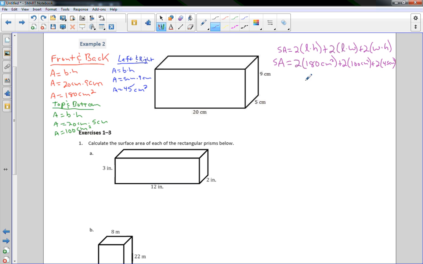So 2 times 180 is 360 centimeters squared, plus 2 times 100, plus 2 times 45. So the surface area is 360 plus 200 is 560, plus 90 is 650 centimeters squared. That is my total surface area.